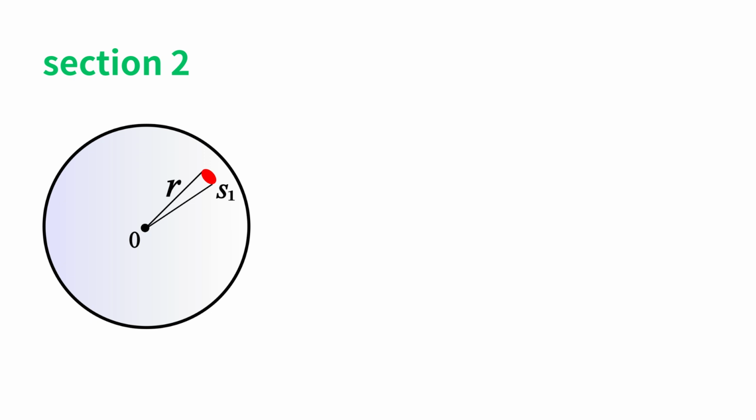Let the volume of this cone be V1, its base area be S1, and its height be r. Then its volume is V1 equals 1/3 S1 r. We repeat the same thing over and over. Call the volumes of the cones V2, V3, V4, and so on. Now imagine cutting up the entire sphere this way.